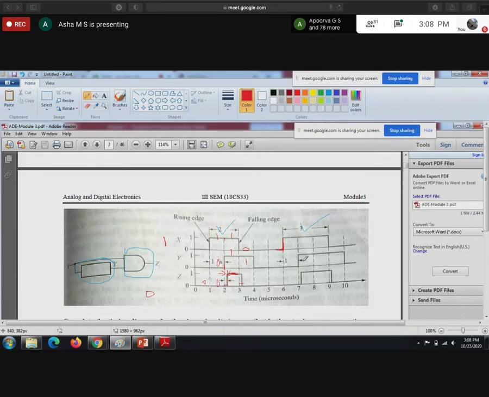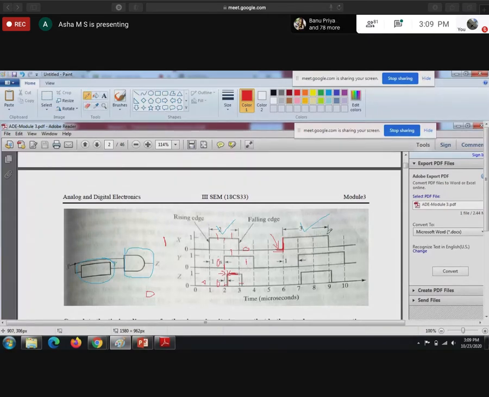After the 1 microsecond, y is going to change. After 1 microsecond of the rising edge, y will change its state from 0 to 1.